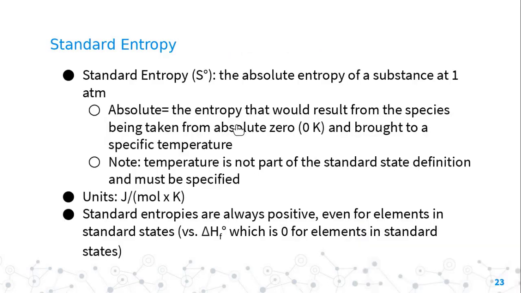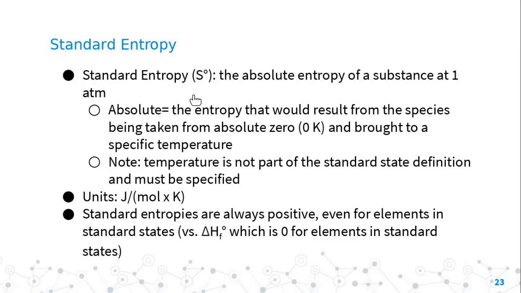So then we have standard entropy, which is the absolute entropy of a substance at 1 atm, which would be standard pressure. Absolute refers to an entropy that would result from the species being taken from absolute zero, so that accounts for the temperature, and brought to a specific temperature.